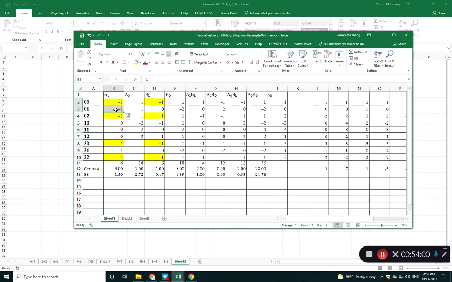Can you see that if I'm only looking at a B column and D column, I'm not doing anything different from the 2 by 2 experiment?